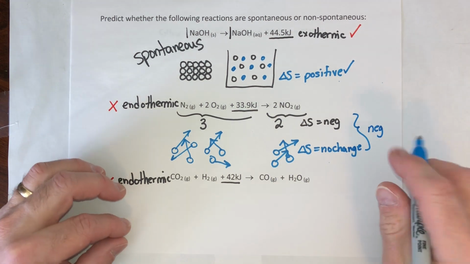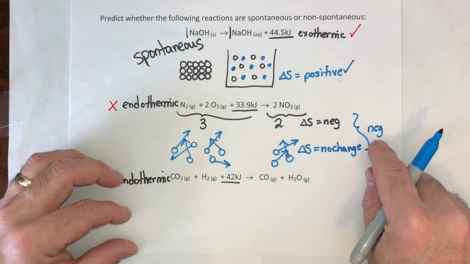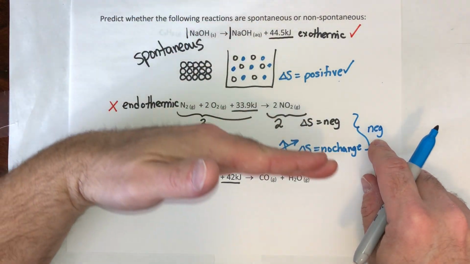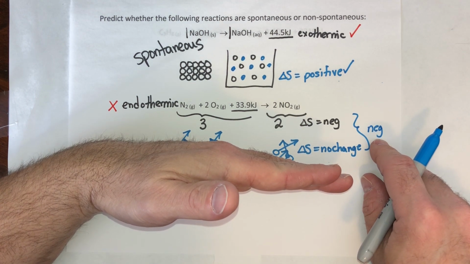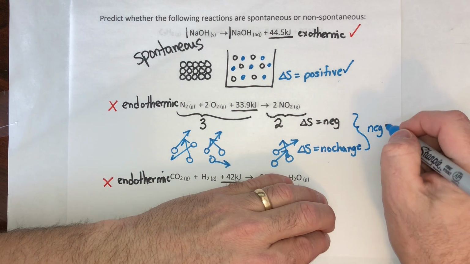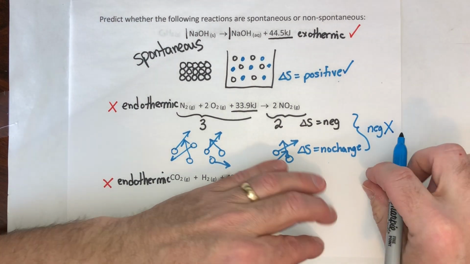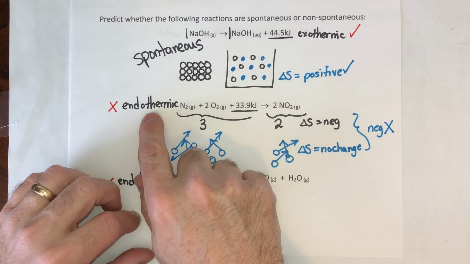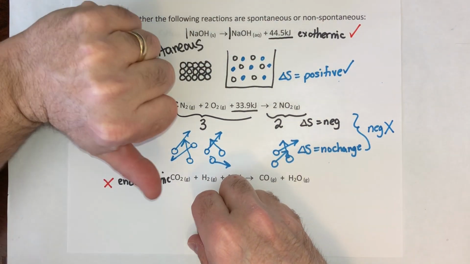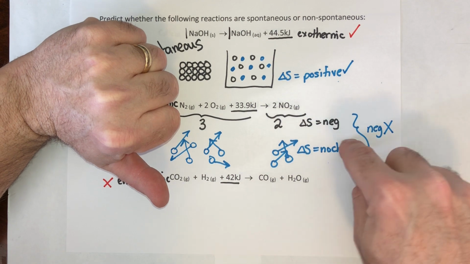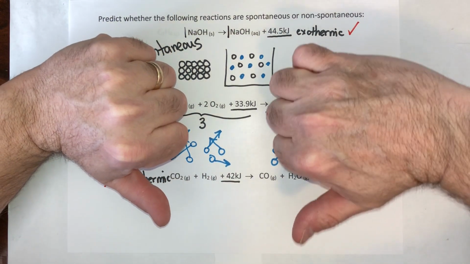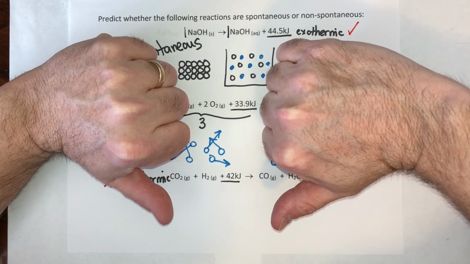And we said, if your change in disorder is negative, if your amount of disorder is decreasing, that's a bad thing. The universe loves chaos. It loves disorder. So this is a vote against. So for this reaction here, because it's endothermic, we're saying, nope, probably not spontaneous. Because the entropy change is also negative, we're saying, probably not spontaneous.